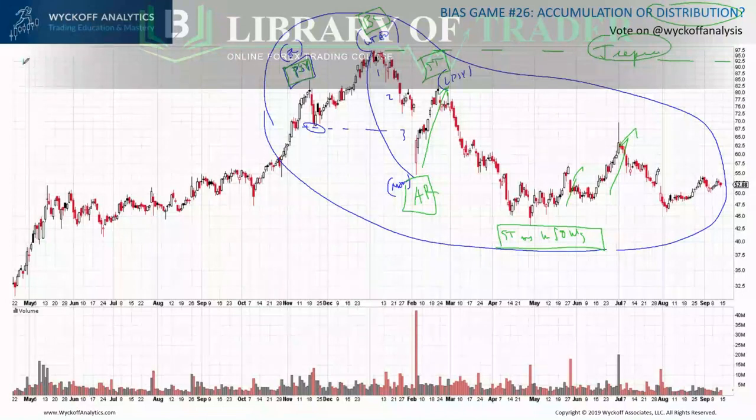TP formation really quickly. Let's go through the elements of the TP formation just to repeat them. Speculation on the way up.